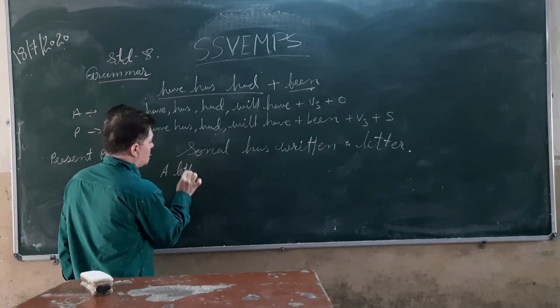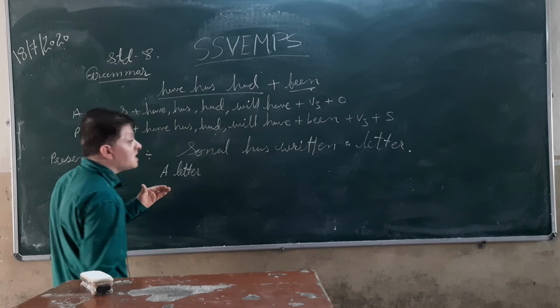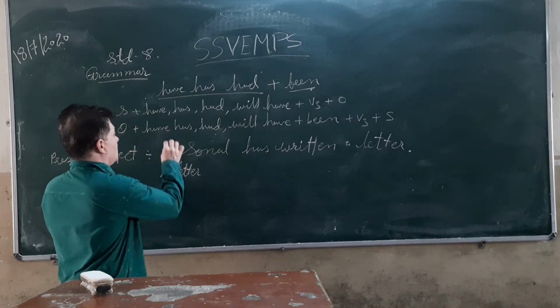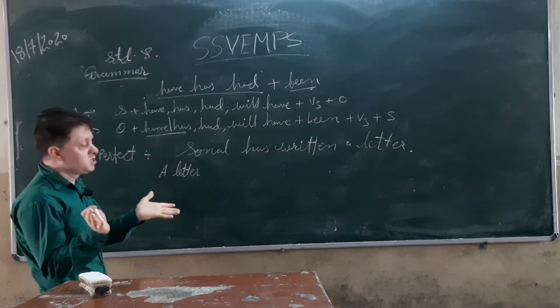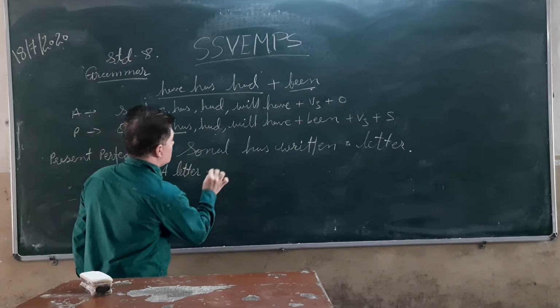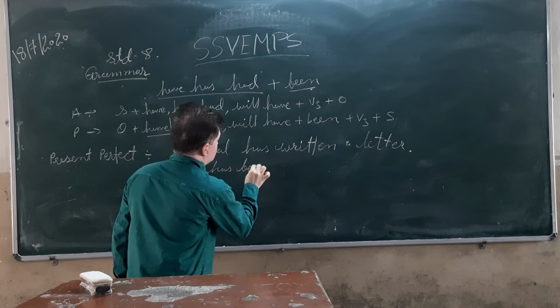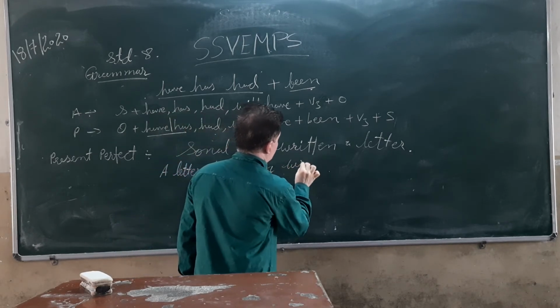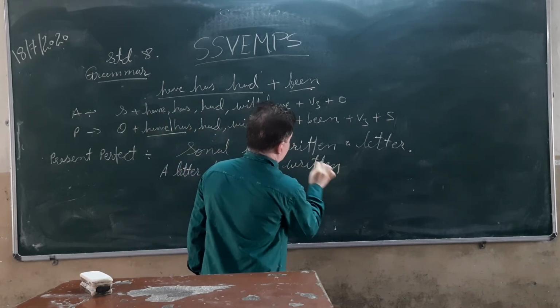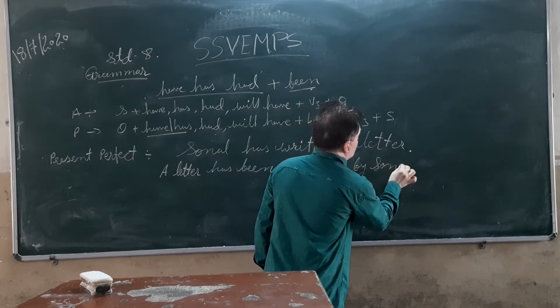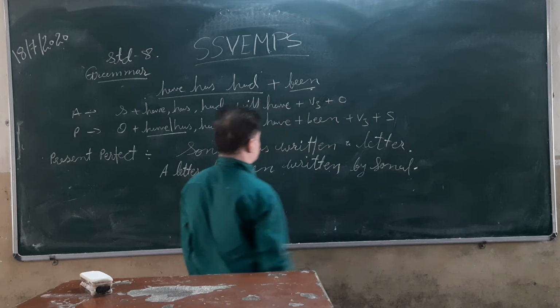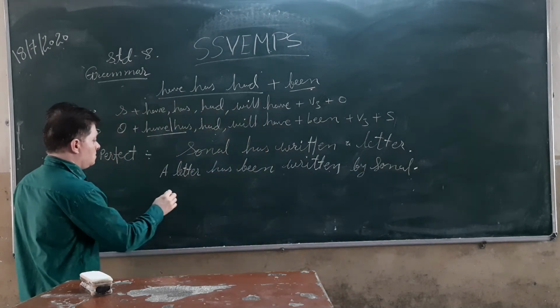So a letter, if letter is there, we have to put has here. This is for present perfect tense. Have and has are distinguished. A letter has been written by Sooner.